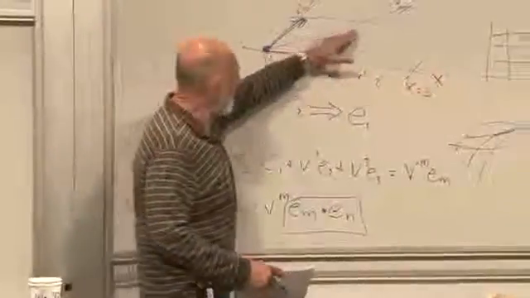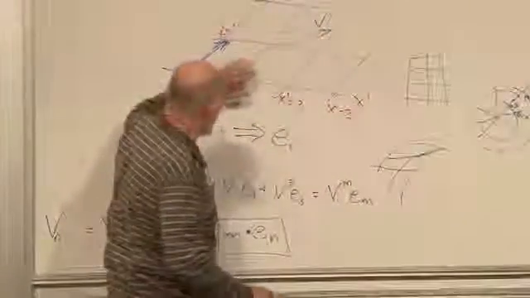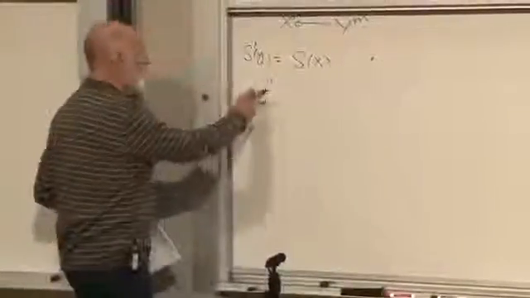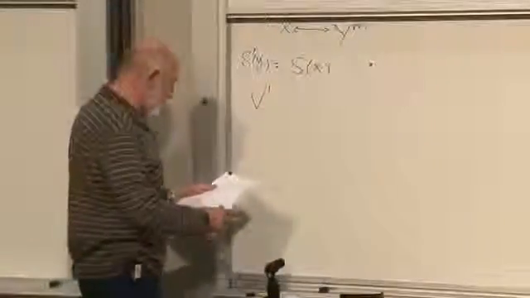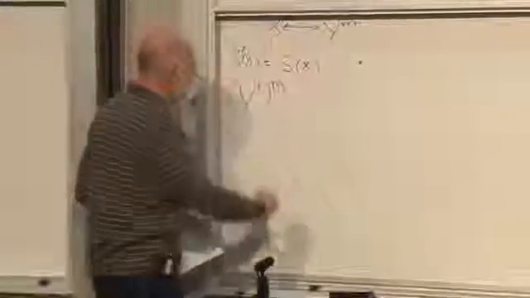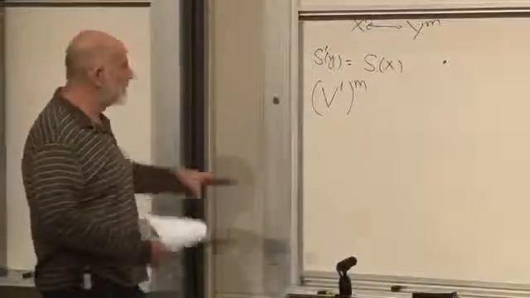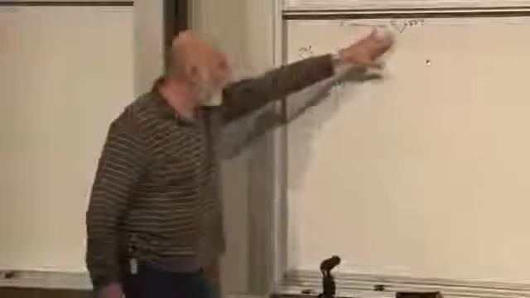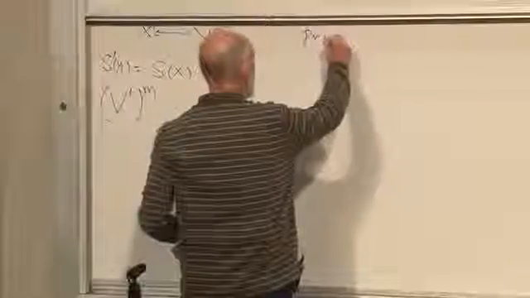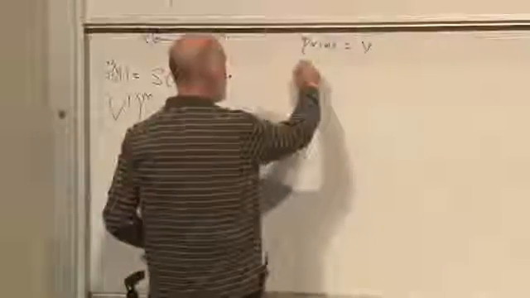If I change coordinates, keeping the vector fixed, not going to change the vector, but change the coordinates, I will change its components, clearly. So, how do the contravariant components change when I change coordinates? Here's the rule. This is the mth component of v prime, where v prime means the components of v in the y coordinates. Prime means y. Unprimed means x.